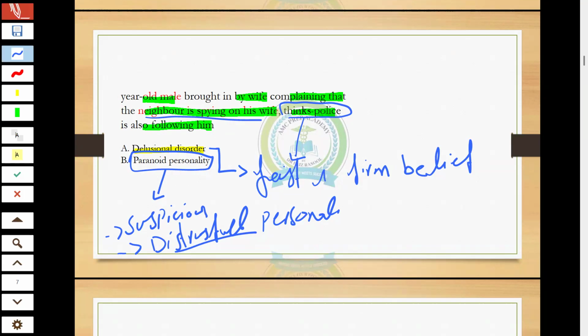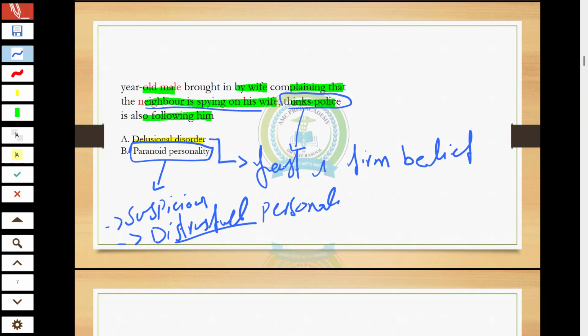In hallucination, we have different types: auditory hallucination, visual hallucination, and tactile hallucination. Visual, like the patient is seeing something different. For example, the patient sees a snake crawling on the room wall, but actually there is nothing like that.